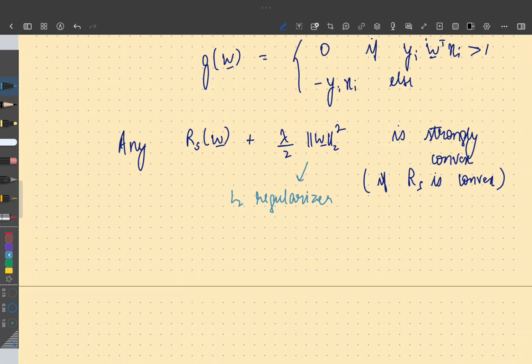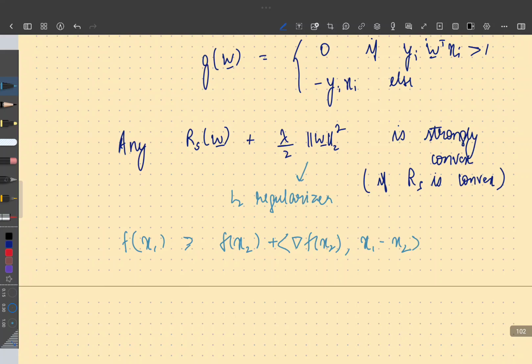Remember that if a function is convex, then for any points x1 comma x2, f of x1 is greater than or equal to f of x2 plus the inner product between gradient f of x2 and x1 minus x2.